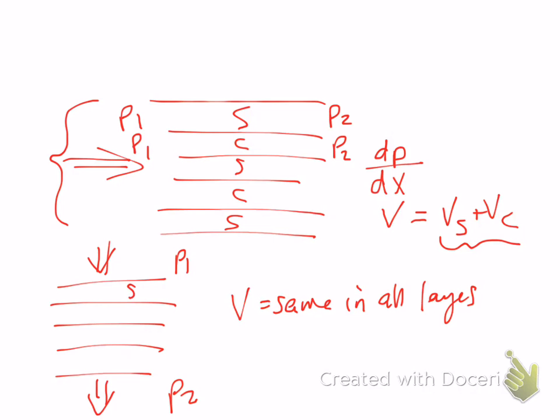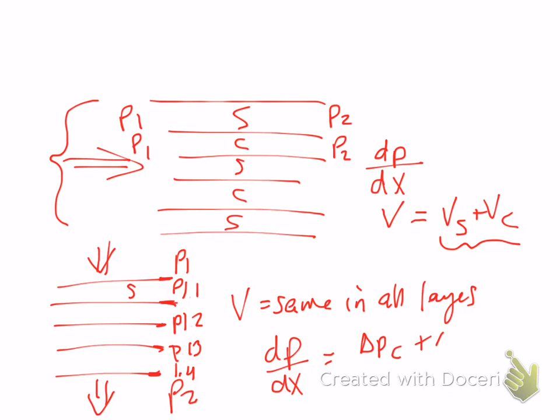So we actually are going to add up. We actually have P1.1, P1.2, P1.3, P1.4 at each boundary. If you went in to measure the pressure, your dp dx total would be the sum of the change in pressure over the clay layers plus the change in pressure over the sand layers.